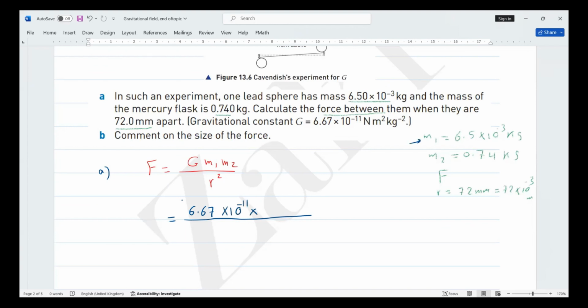M1 is 6.5 multiplied by 10 to the power negative 3. M2 is 0.74, divided by R, where R is 72 millimeter, in meter it's 72 multiplied by 10 power negative 3, all squared. So using your calculator, the answer will be 6.17 multiplied by 10 to the power negative 7 Newton.